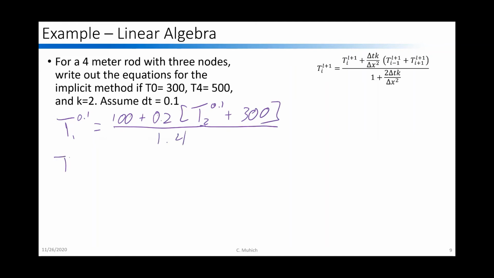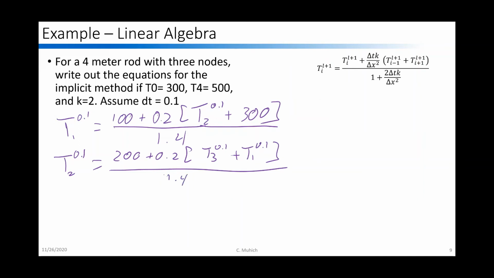And then we can write this out for T2, which was 200 plus 0.2 times T3 at 0.1 plus T1 at 0.1, over 1.4.